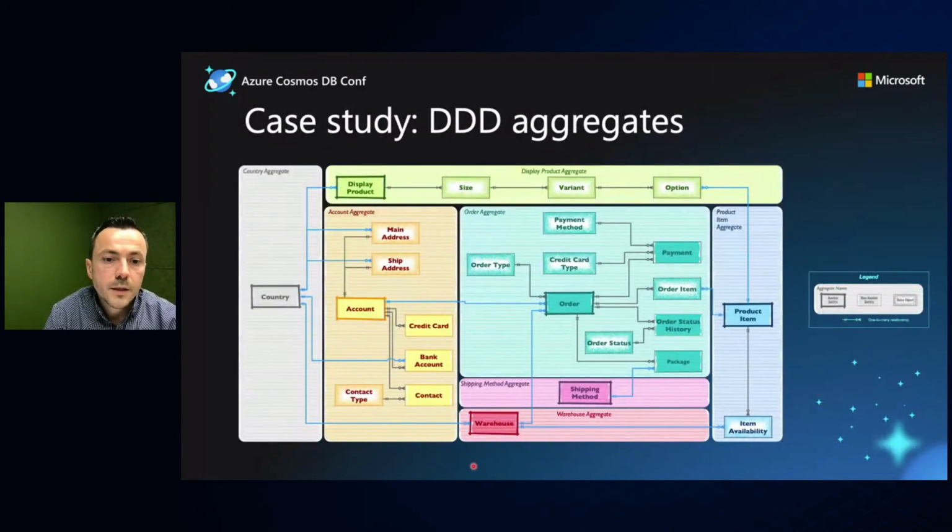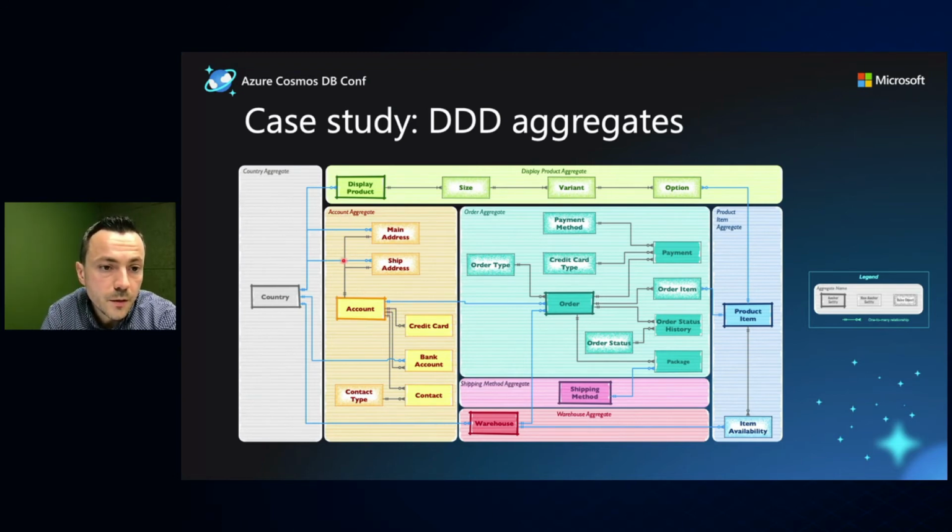So let's review how, for our case study, we can split our entities between a set of different aggregates. You can see on this diagram the whole subject area split into a set of different aggregates, and here you can see each aggregate.